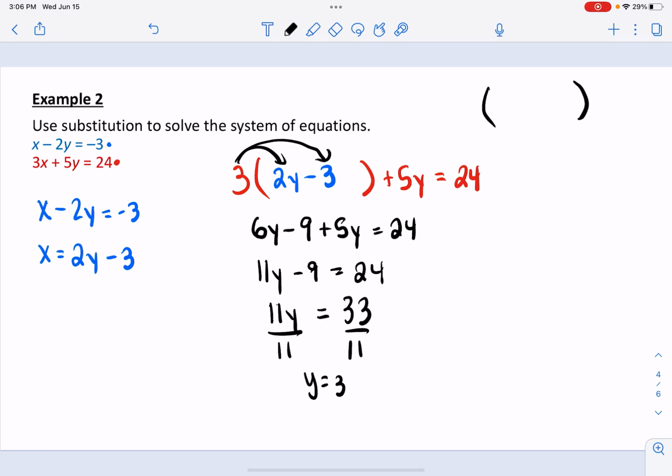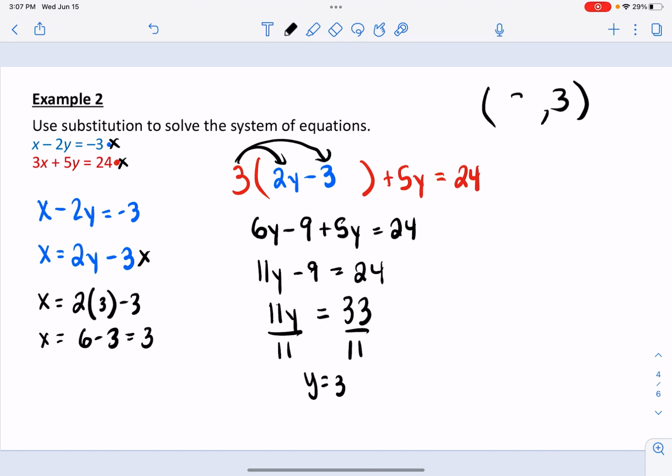So my y coordinate in this case now is 3. I substitute back into this equation, or even this one I manipulated. I'm going to use the one I manipulated because then I'm going to be able to solve for x right away. So x equals 6 minus 3. And there's your answer.